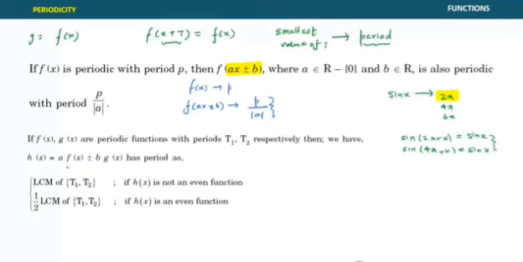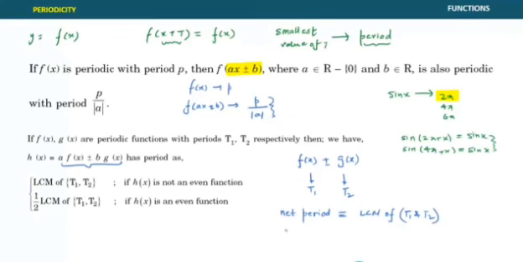Also, if you are given addition or subtraction of two functions, for example a function f being added to or subtracted from a function g, and the period of f is T1 and the period of g is T2, then the net period of the total function will be nothing but the LCM of T1 and T2.